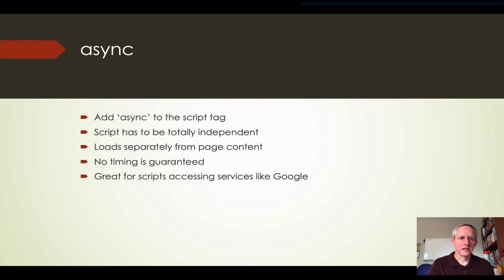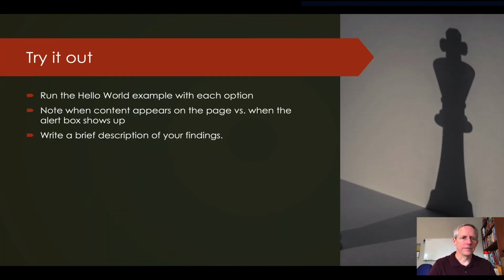but it's super efficient. It takes advantage of the way your computer is set up to do multiple things at once. And it's really great for scripts accessing services like Google. So you should try it out. Run the Hello World example with each option.